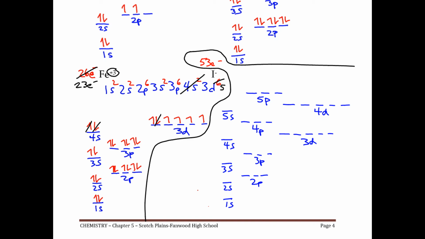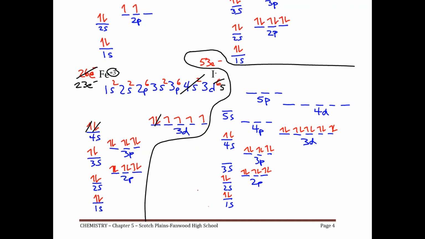We have 53. So here we go. 1, 2, 3, 4, 5, 6, 7, 8, 9, 10, 11, 12, 13, 14, 15, 16, 17, 18, 19, 20, 21, 22, 23, 24, 25, 26, 27, 28. Oh, no. That should have been 30.